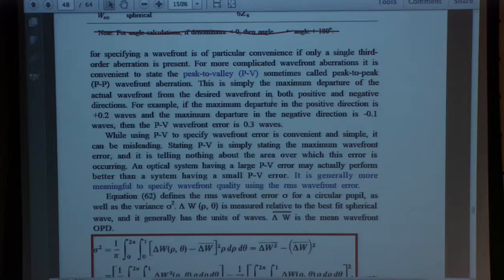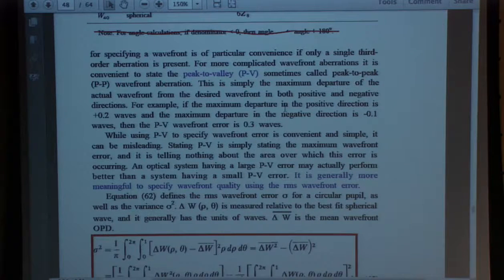For the example I give here, let's say the maximum departure in the positive direction is 0.2 waves, and the maximum departure in the negative direction is minus 0.1 waves. Then the peak to valley would be 0.2 plus 0.1 or 0.3 waves.